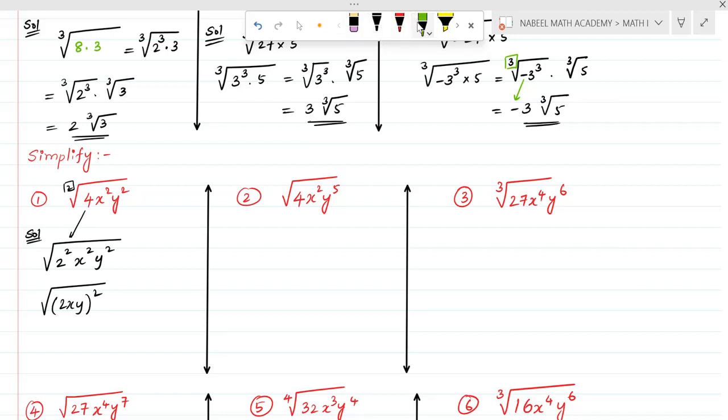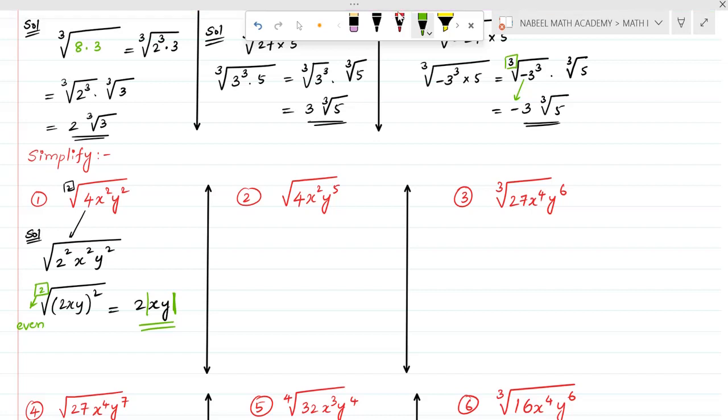Since you have the power 2 here and power 2 here, it equals 2xy. But since it is even, I have to use the absolute value only for x and y, not for the number, only for the variables. So this is the answer.